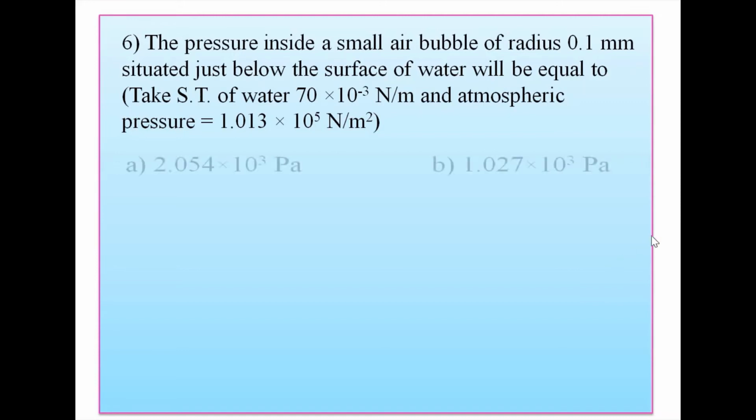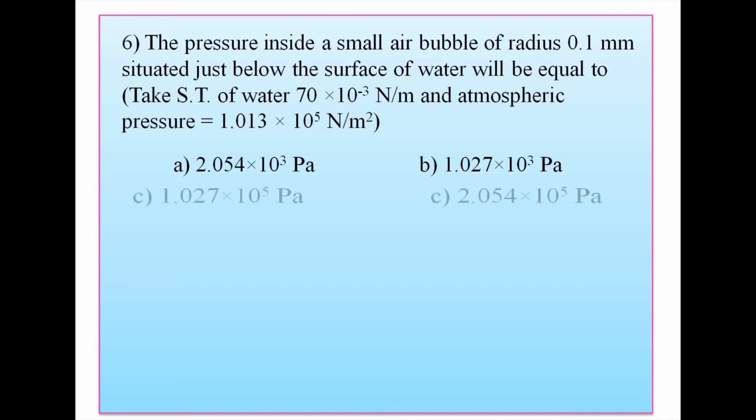Options are: option A is 2.054 into 10 raised to 3 Pascal. Option B is 1.027 into 10 raised to 3 Pascal. Option C is 1.027 into 10 raised to 5 Pascal. And option D is 2.054 into 10 raised to 5 Pascal.